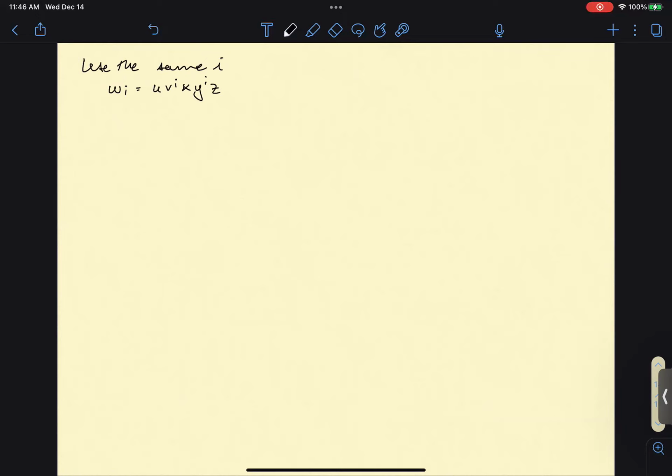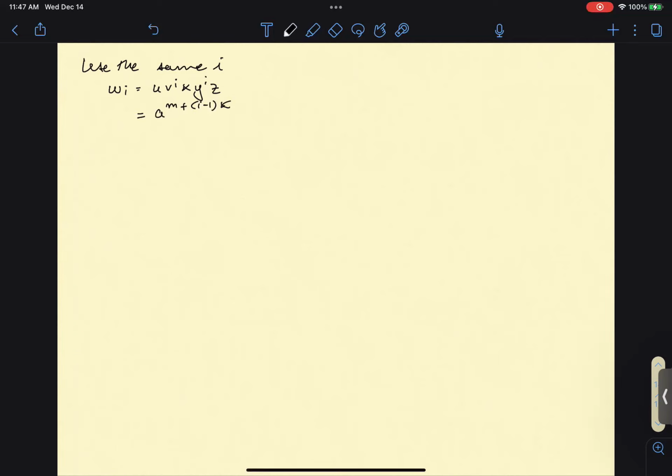Okay, so then W_i is U V^i X Y^i Z. And so then what is this again? I can't immediately just write A^(M plus (I minus 1)K).